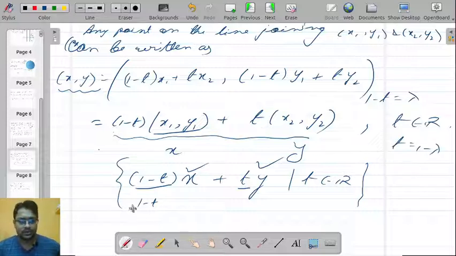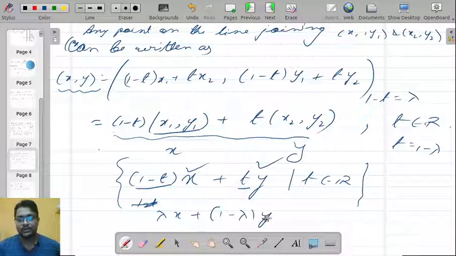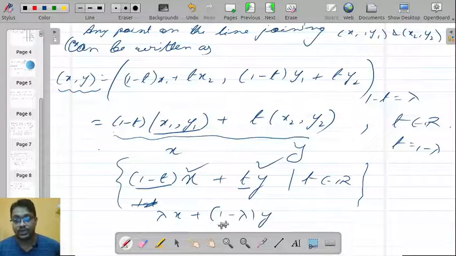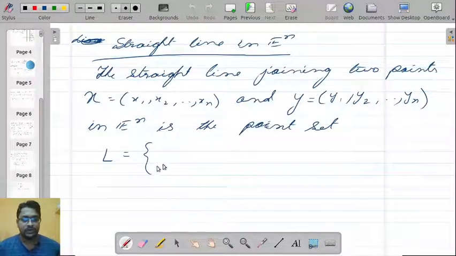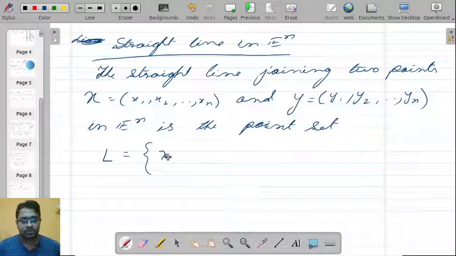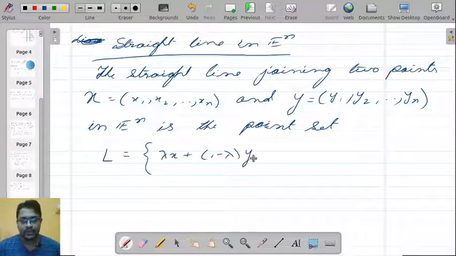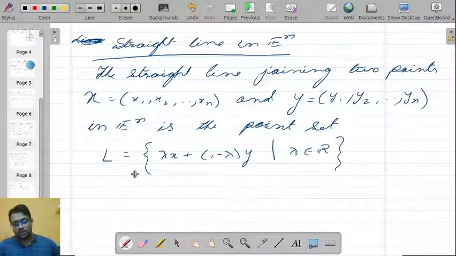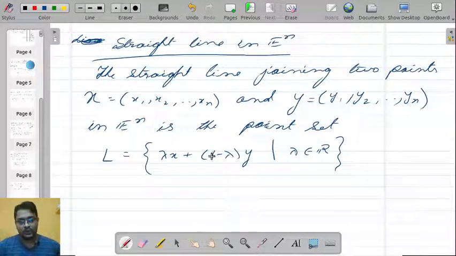So I can write it equivalently as lambda x plus (1 minus lambda) y, where lambda is also a real number. For the definition purpose, we will use that. So it is the point set lambda x plus (1 minus lambda) y, such that lambda belongs to the real numbers, the collection of all those points.